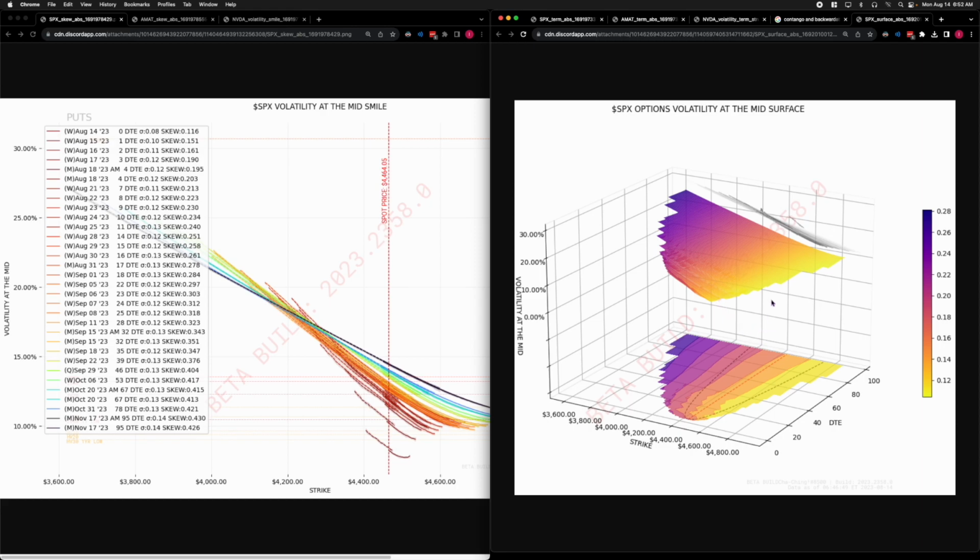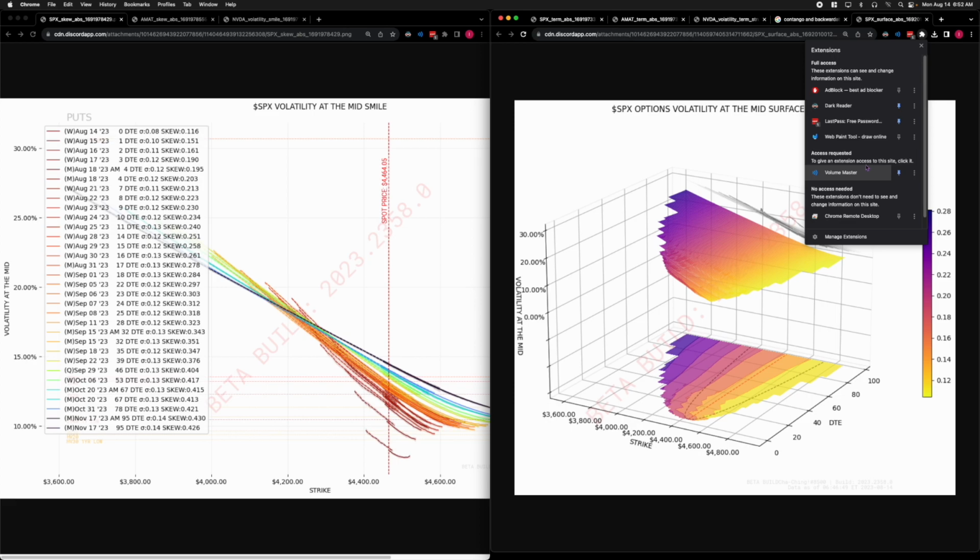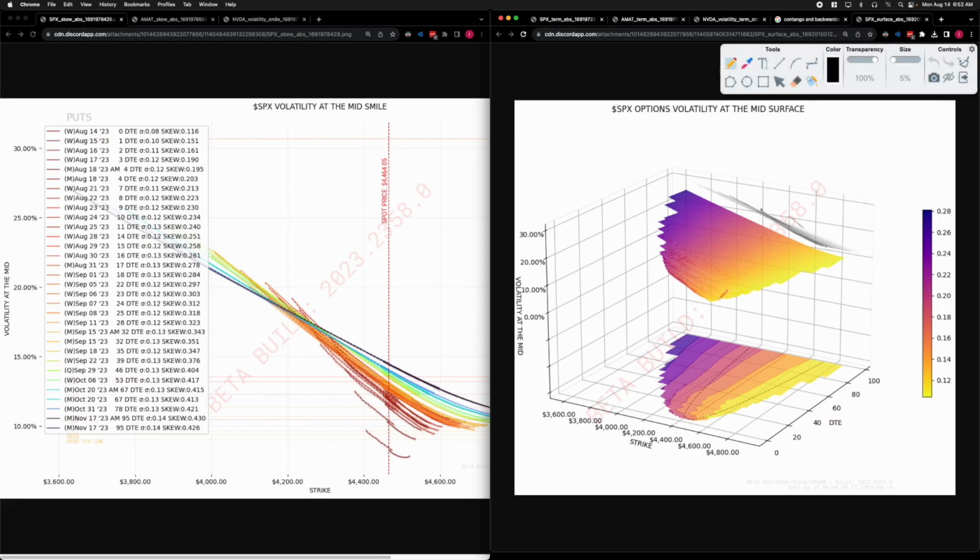Imagine if we were to come down here on the surface and draw a point right there, coming up from 0 DTE, and then it would be over there. So that's like 8. Also, sorry about the terrible handwriting, but I'm using a mouse to do this. Eventually I'll figure out something better.